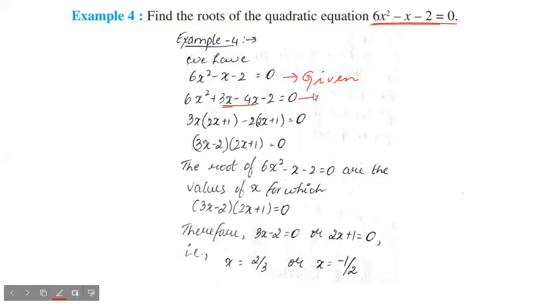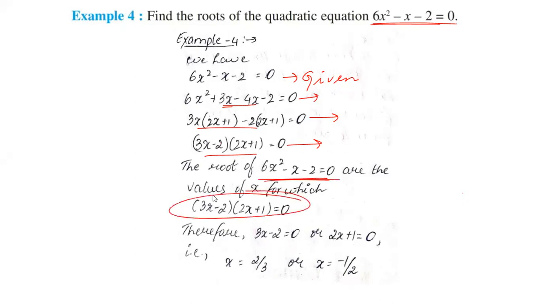The middle term is getting split over here, and then in this step you will start grouping them. In this step you get two linear factors, and then the roots of this equation can be expressed. This equation can also be expressed like this. Therefore the roots of this equation can be found out like this by equating it to 0. I will show you how you get 2 by 3 and minus 1 by 2.